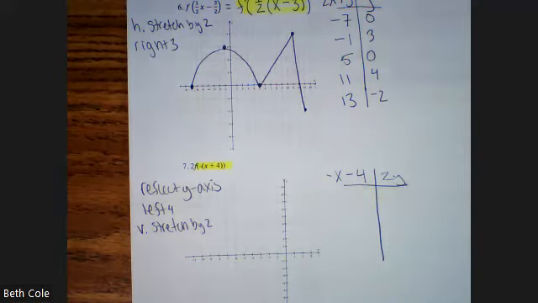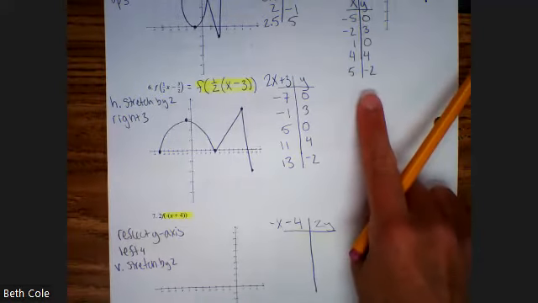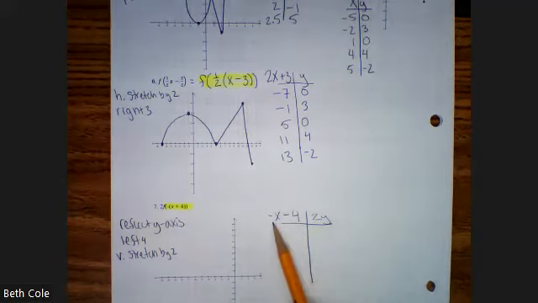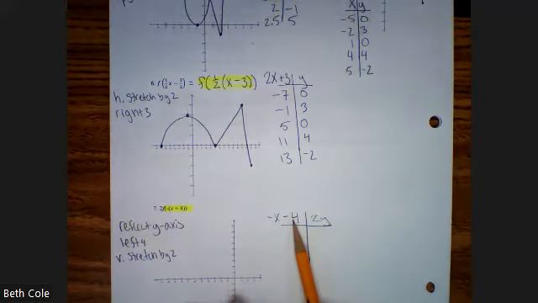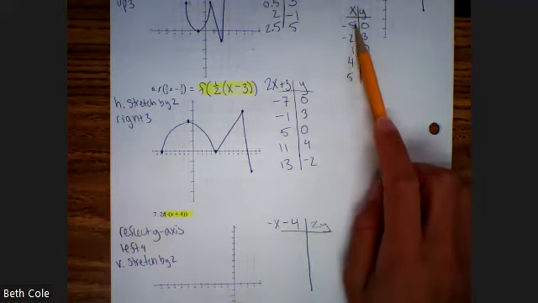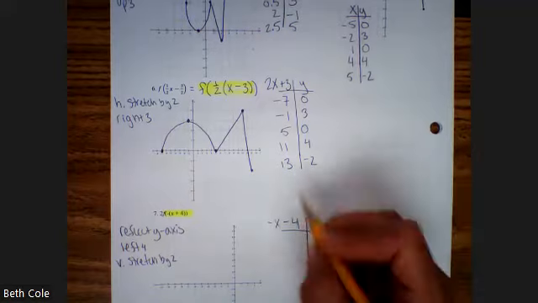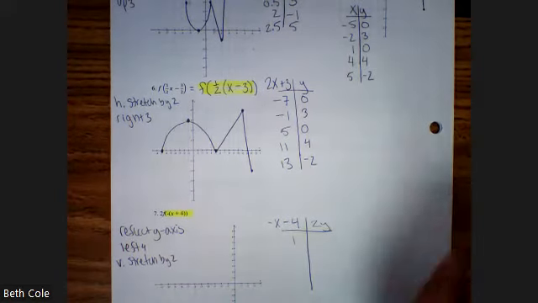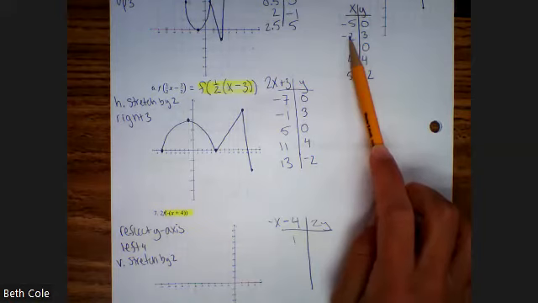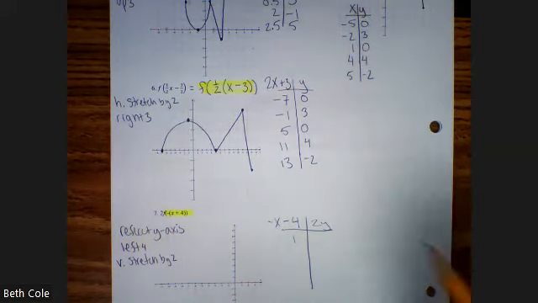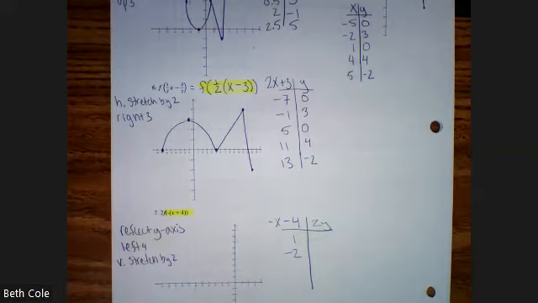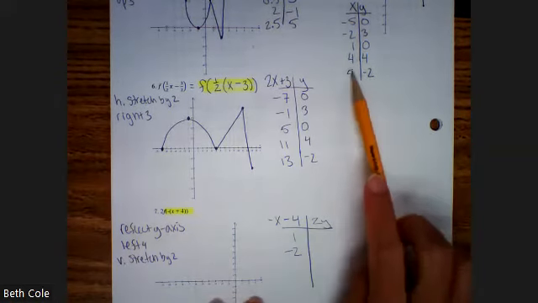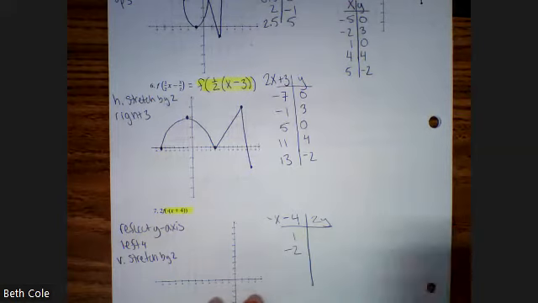I'm going to have to zoom out to see the original points so I can have them both on the screen at the same time. So we're going to negate the x's and then subtract 4. So for the first one, if you opposite a -5, that would just be 5, -4 is 1. -2, if you opposite that, it's 2, -4, -2. 1, if you opposite that, it's -1, -4, -5.